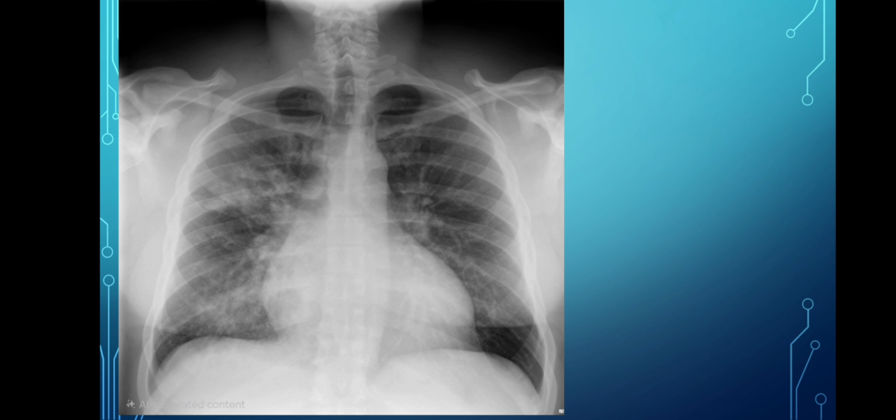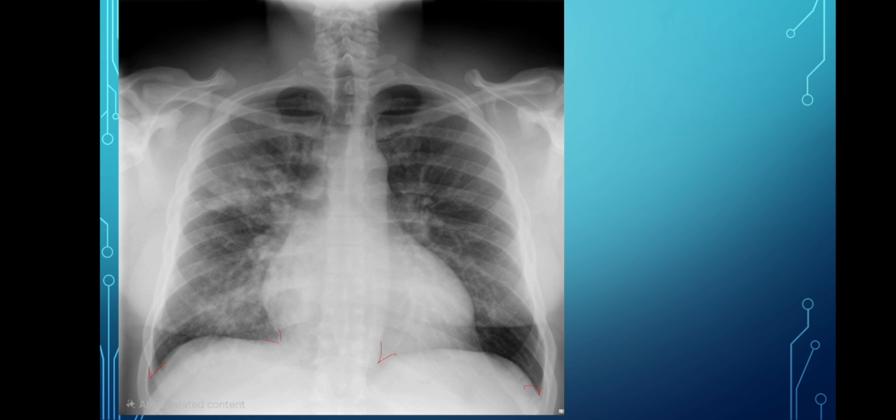Next, this is a skiagram of the chest taken in PA view, which shows no rotation, and the exposure is good. All the rib cages are normal, the clavicle is normal, and the costophrenic angle and cardiophrenic angle are normal on both sides, and the trachea is in the midline.